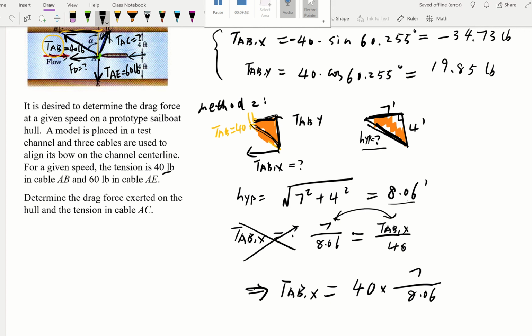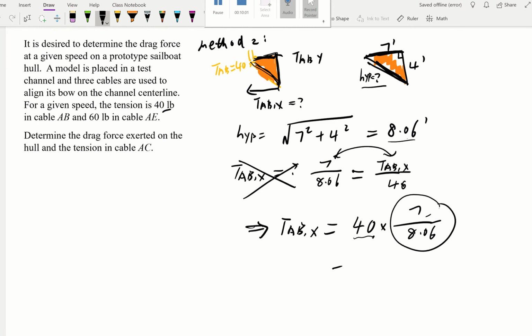Okay, so in the future, just take the force you are trying to resolve, then times the x component over hypotenuse. X direction length over hypotenuse. In that situation, we have 280 divided by 8.06. Then we'll get an answer of 34.74.